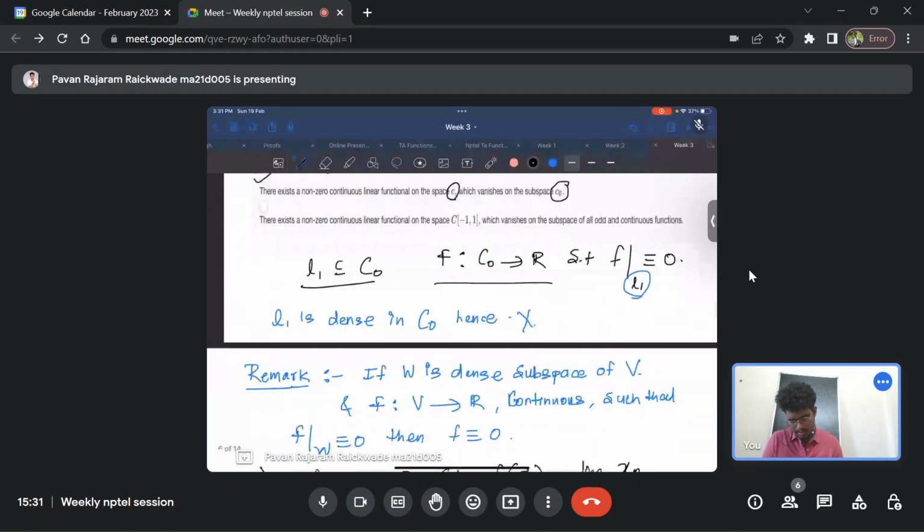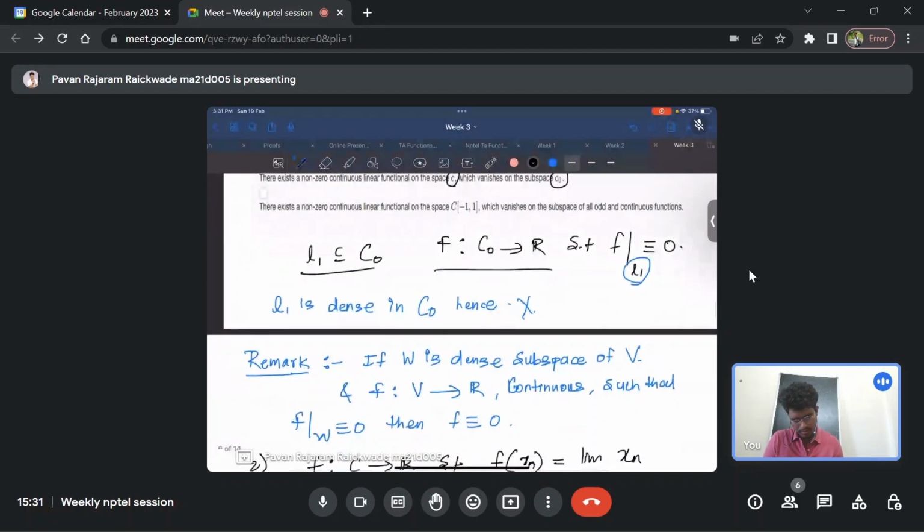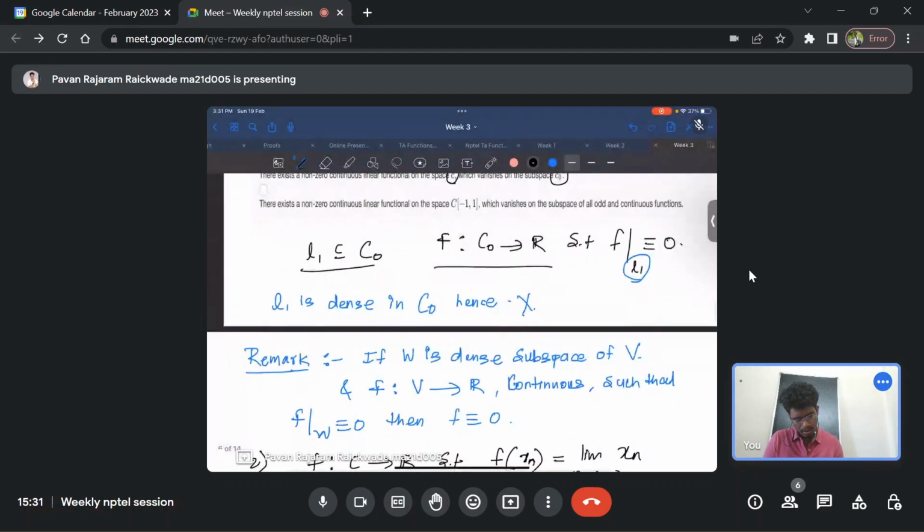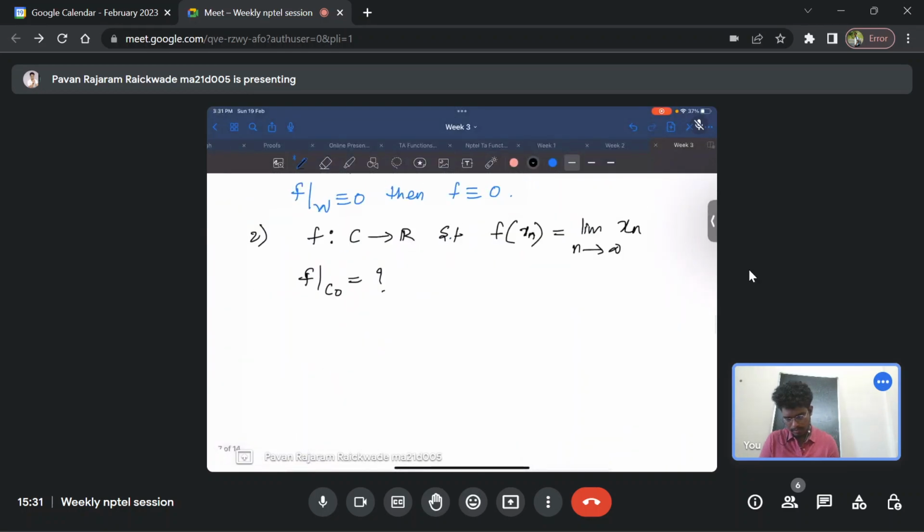The third one: there exists a non-zero continuous linear functional on C[-1,1] which vanishes on the subspace of all odd continuous functions. First of all, odd means what? f(-x) is equal to -f(x).